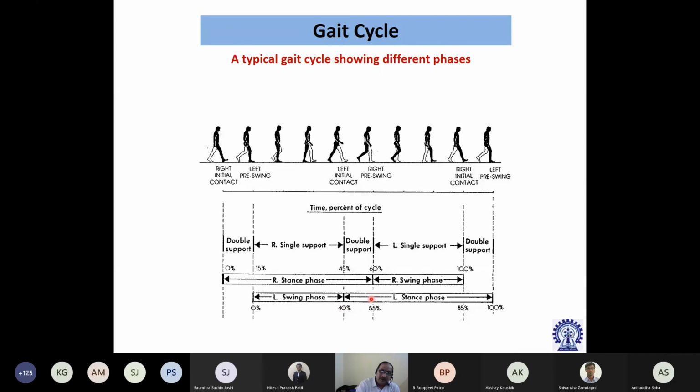But I think this marking, 0, 15, 45, is primarily for the right stance phase, right leg. This is a little confusing, I understand. The left leg, where it is marked 55 to 85, at the same time it is saying 60 to 100. See, this extra 15% comes later on for the left leg.